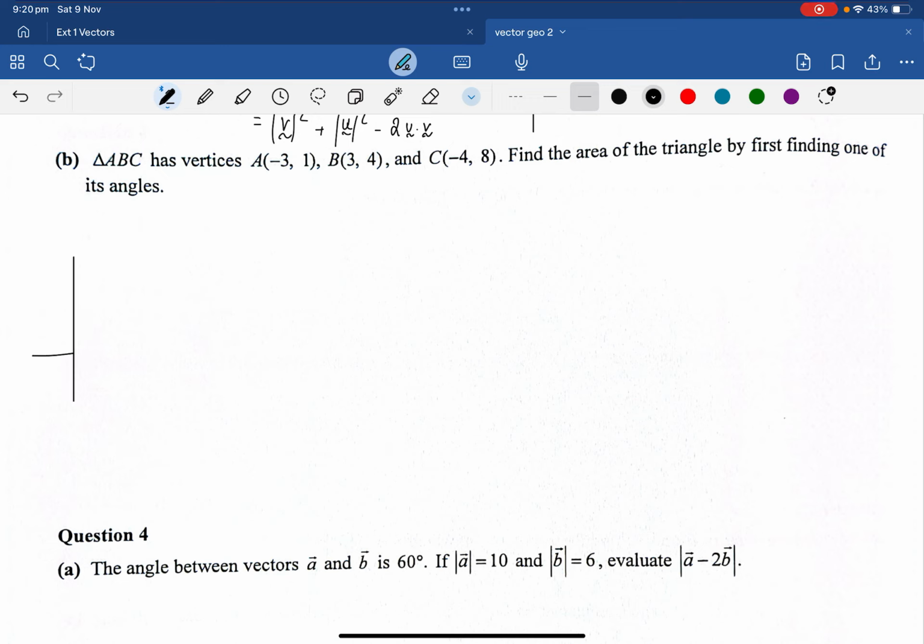Looks like I did need to widen my axes. So -3, 1 is here. This is A. B is 3, 4.